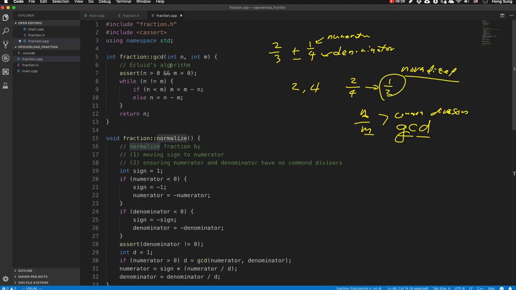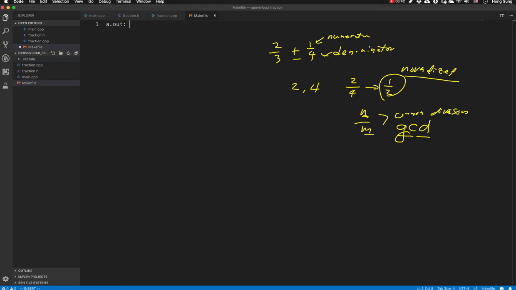So let's test this code so far. We need to make a makefile. The goal is a.out; if you are using Windows, it's a.exe. Main.o is needed, and fraction.o is needed, with a debug symbol there.